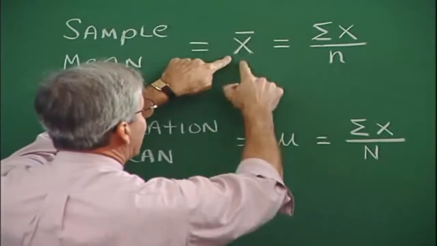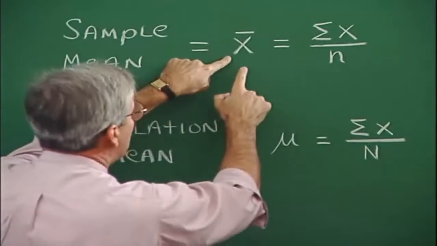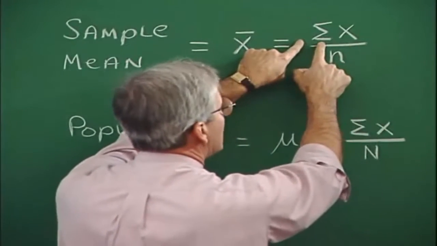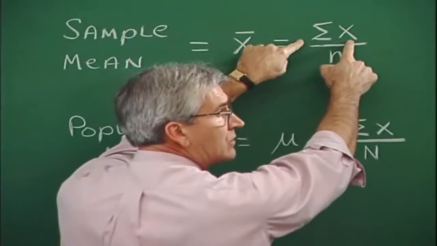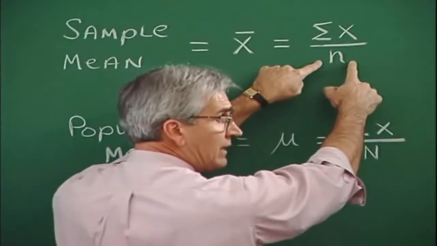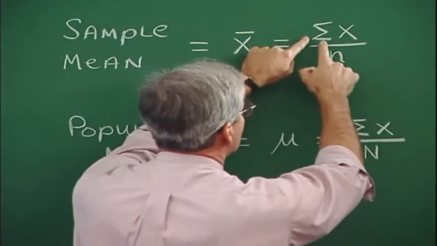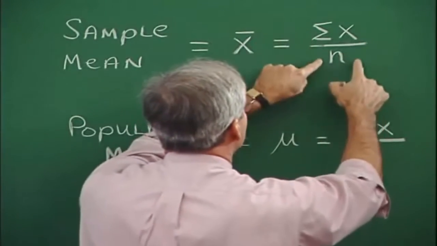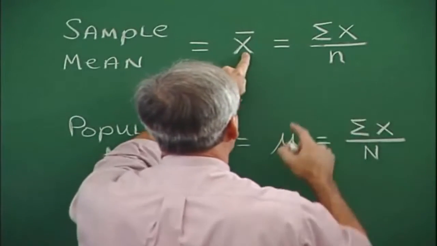This is an x with a little bar above it, so it's read x bar. This notation means the sum of x values, the sum of the entries in the data set, over n, the number of entries in the data set. The symbol is the summation symbol. So the sum of x values over n number of values gives x bar.